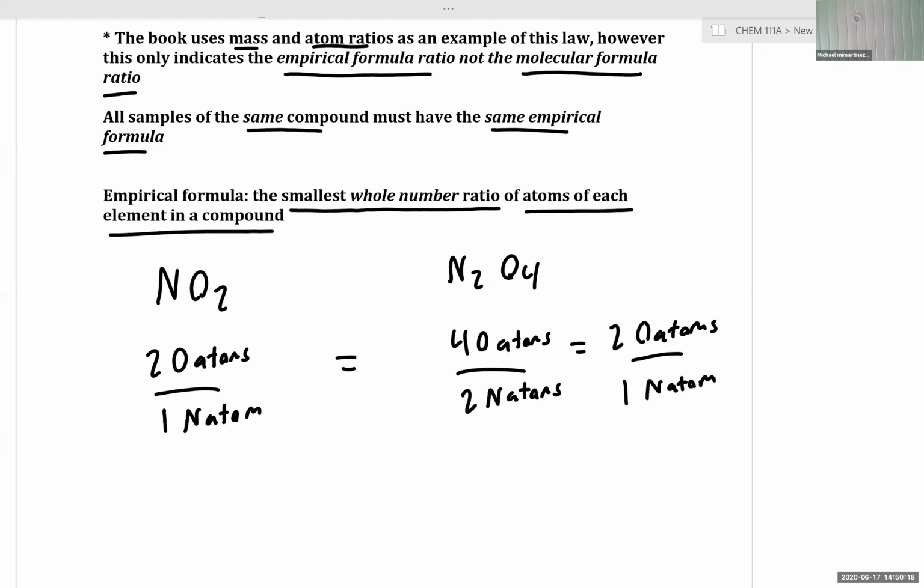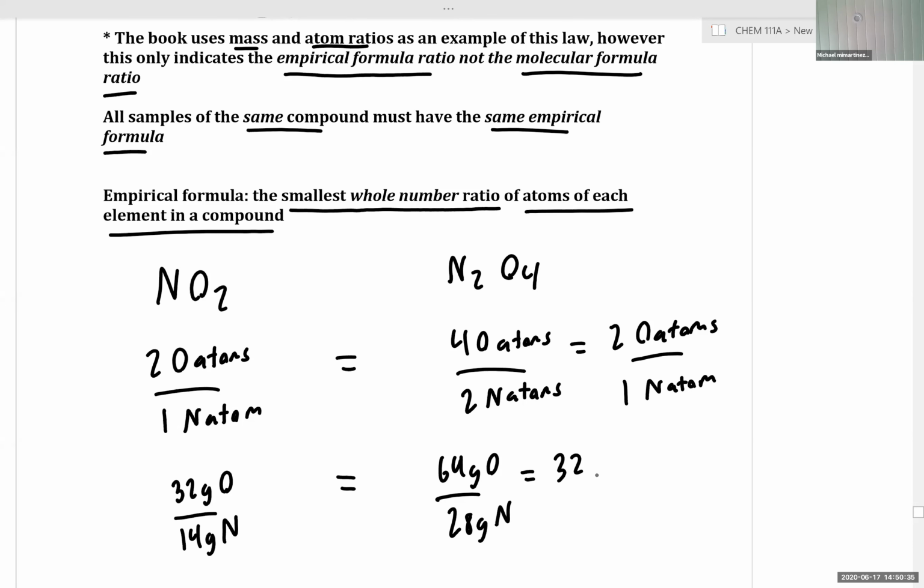Likewise, nitrogen dioxide has 32 grams of oxygen for every 14 grams of nitrogen. Dinitrogen tetroxide has 64 grams of oxygen per every 28 grams of nitrogen, which in turn simplifies to 32 grams of oxygen per 14 grams of nitrogen.